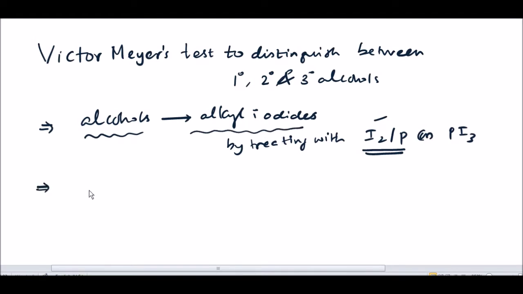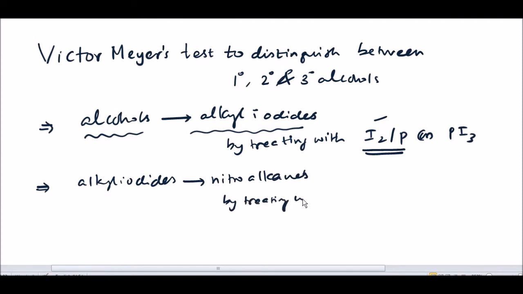And second step, thus formed alkyl iodides are to be converted into nitroalkanes. This is possible by treating those compounds with AgNO2, silver nitrite.